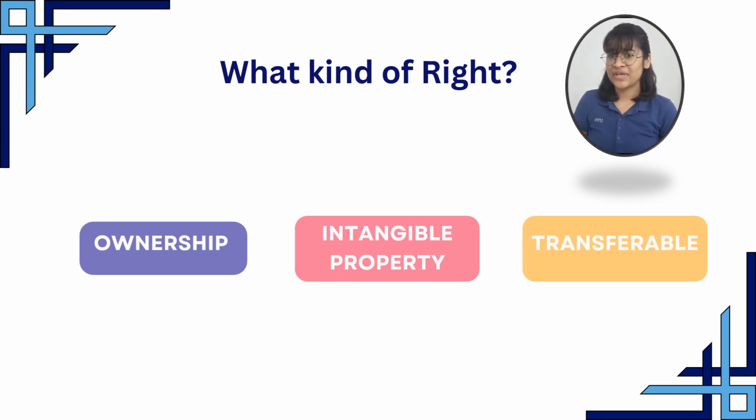We know that patent is an intellectual property right, but what kind of right is it? A patent gives to the patentee the ownership right. This ownership is over the intangible property of invention. This right can further be transferred.